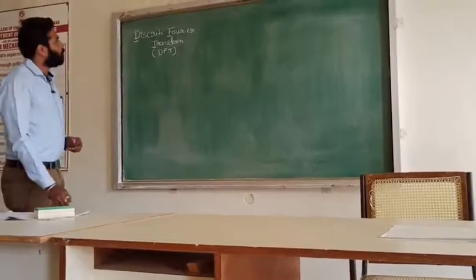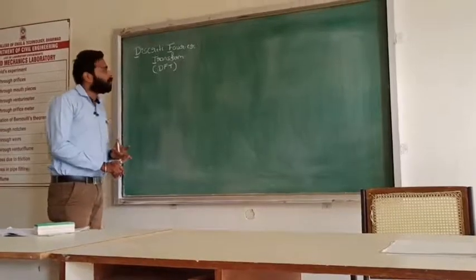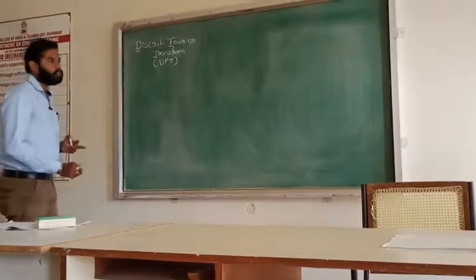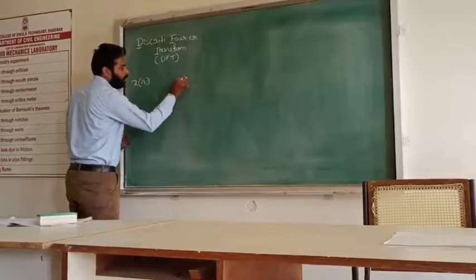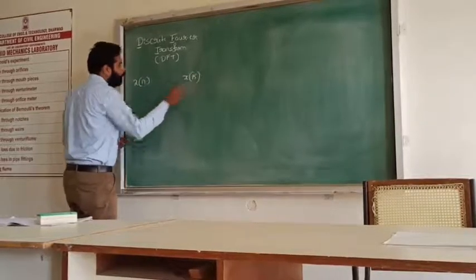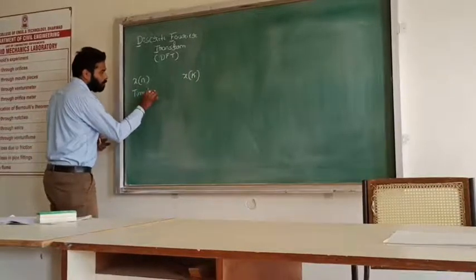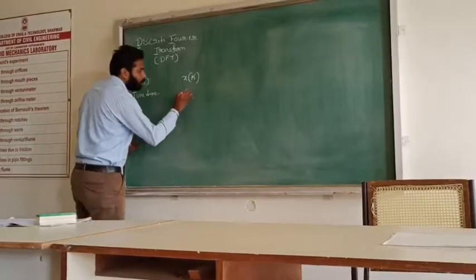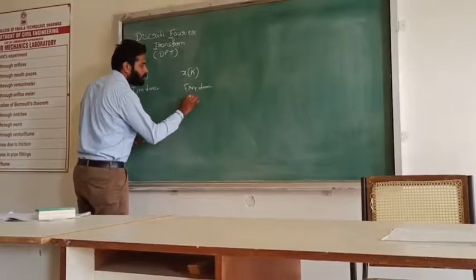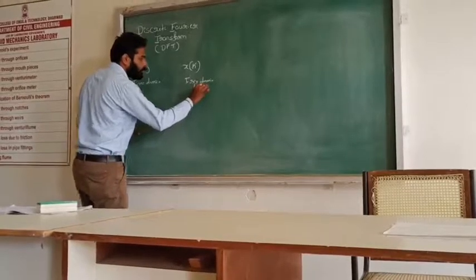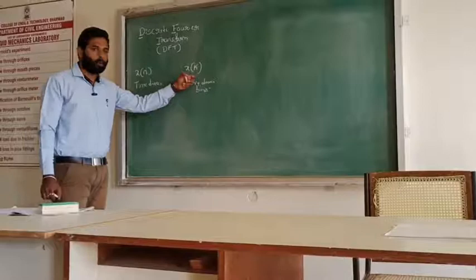In the previous class we have already dealt with the Fourier transform and problems related to Fourier transform. Now we'll start with discrete Fourier transform. If you consider x of n and x of k, x of n is the time domain function and x of k is the frequency domain function.